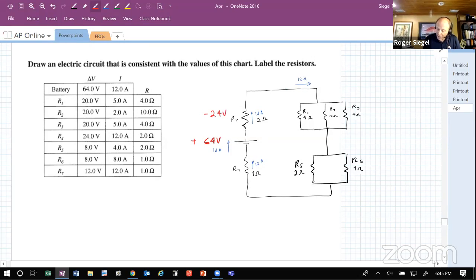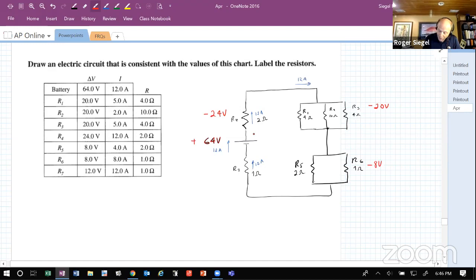The voltage drop across this one we know is 20 volts, so that's minus 20 volts, because all of these resistors have a drop of 20 volts. And then here I have a drop of 8 volts.